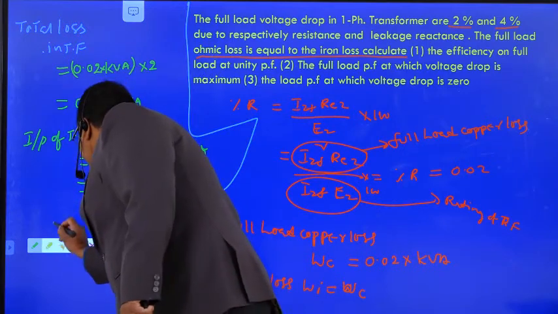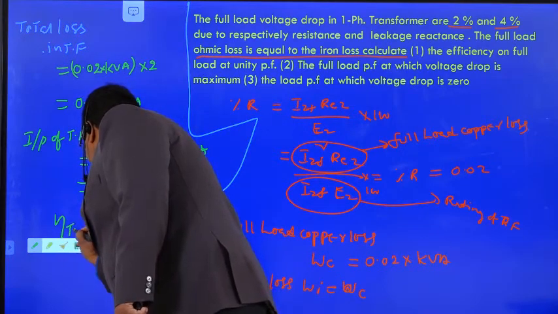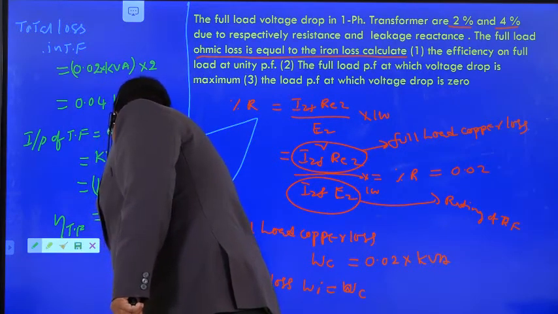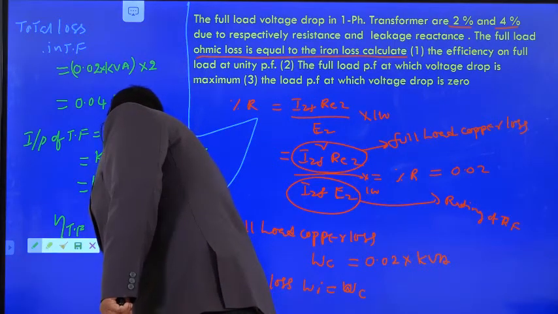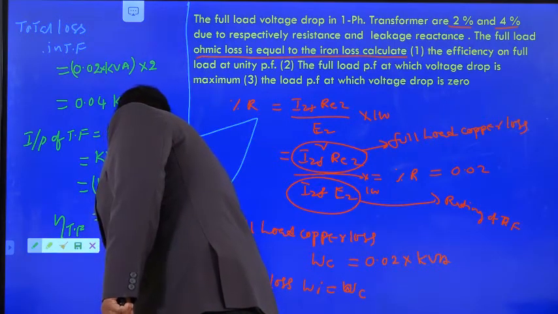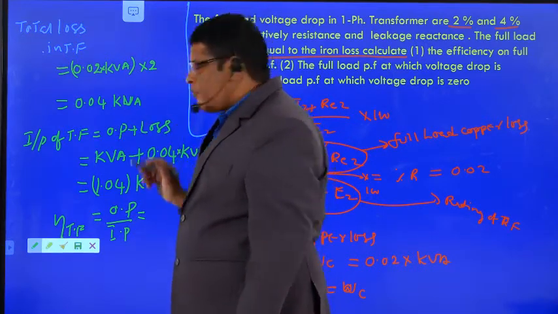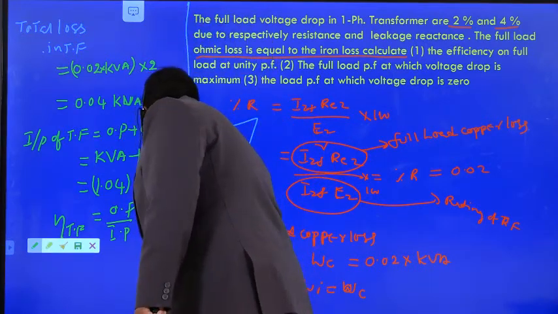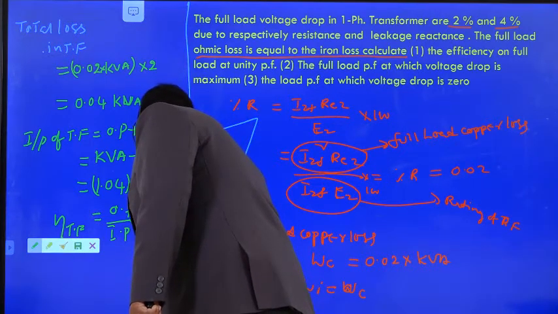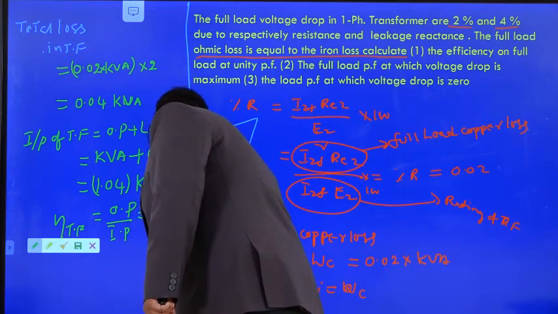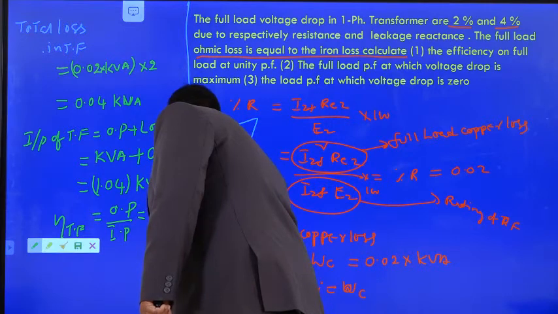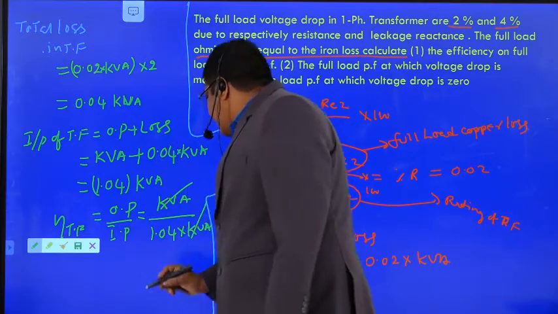So the efficiency of a transformer is the output of the transformer divided by the input of the transformer. The output is equal to the kVA rating into unity power factor, so we get the same kVA rating divided by 1.04 into the kVA rating of the transformer. The kVA rating gets cancelled.